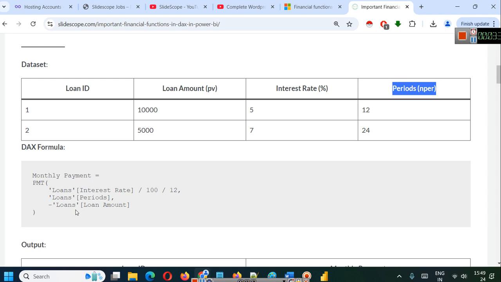And then you write minus loan amount. Let's say the name of this data set is loans. So loan amount here will be your column where your loan amount is.